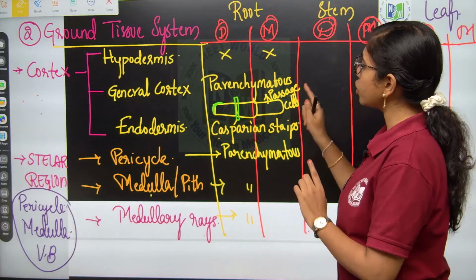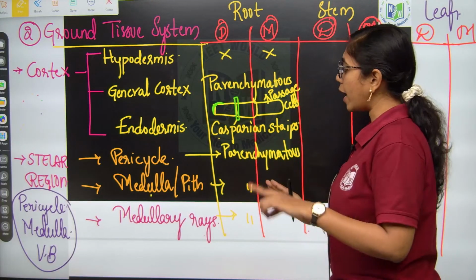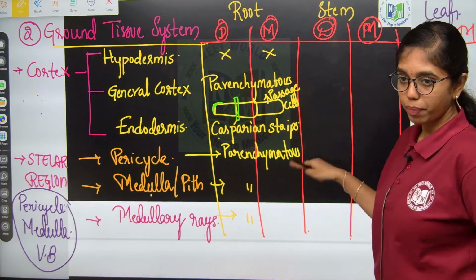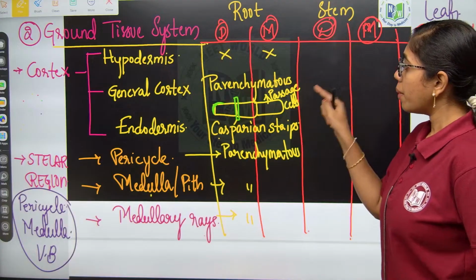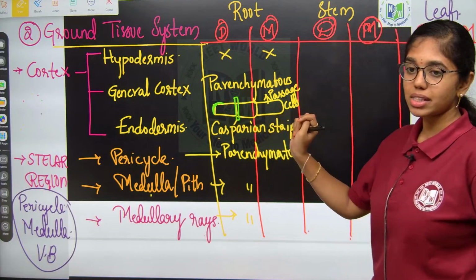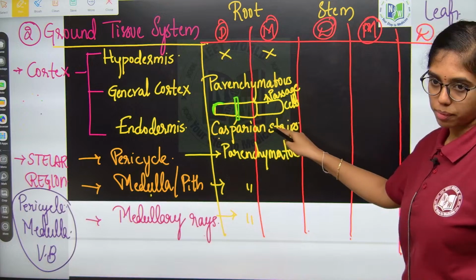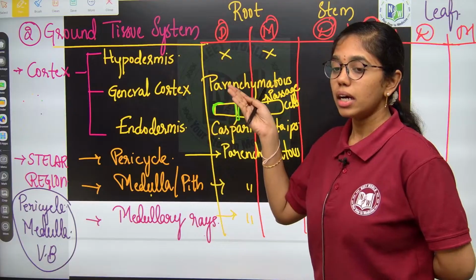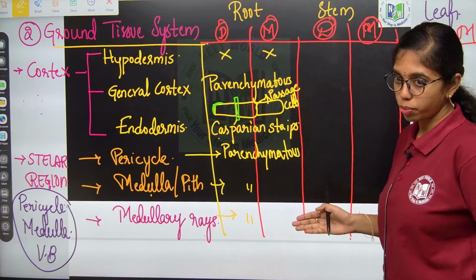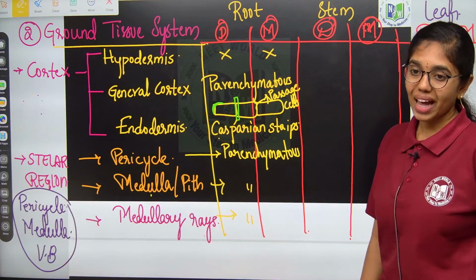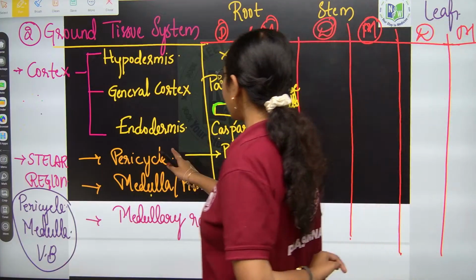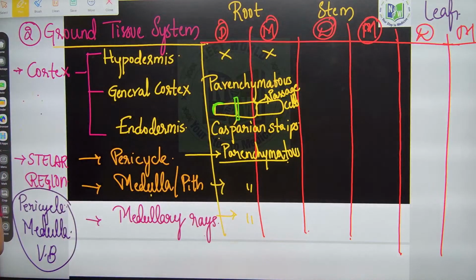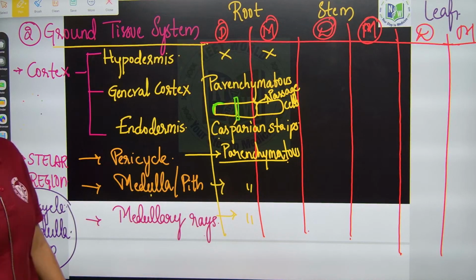General cortex is purely parenchymatous, and endodermis is made up of parenchymatous elongated cells, but their radial and tangential walls have Casparian stripes. Those endodermal cells which do not have any Casparian stripes or suberin depositions are called passage cells. Pericycle is parenchymatous, medulla or pith is parenchymatous, and medullary rays are also parenchymatous.